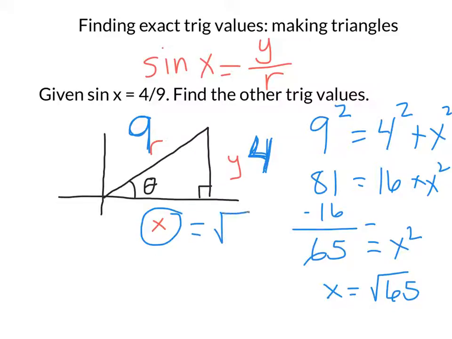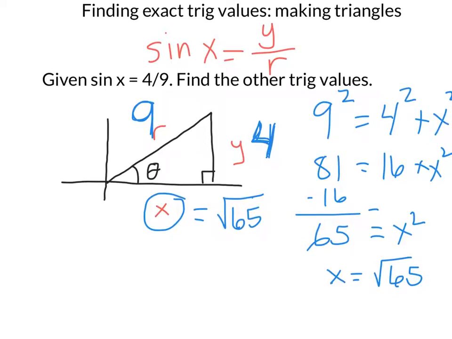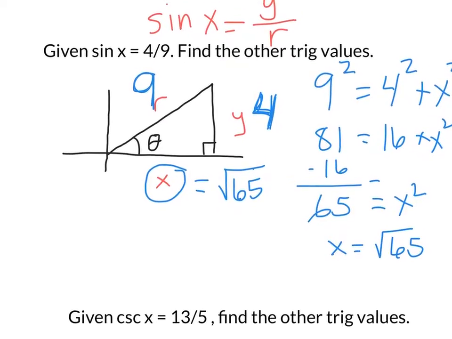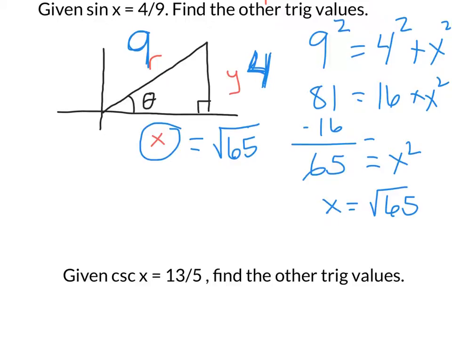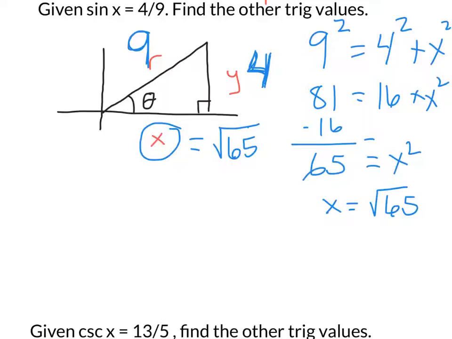I am perfectly happy with leaving that as root 65, and you should be too. Root 65 is a perfectly good number. Yes, it's a little bit bigger than 8, but for our problem, that's not really necessary. So let's leave it like that, root 65, and I'm going to get rid of the second one down there.